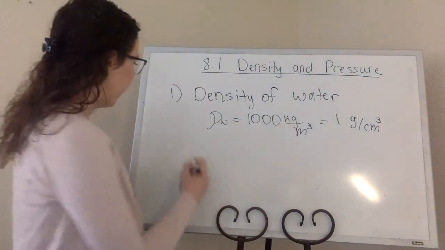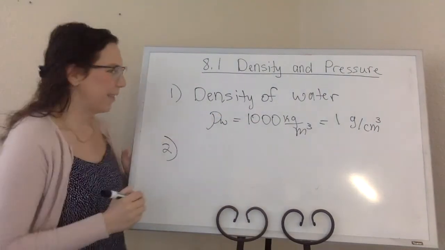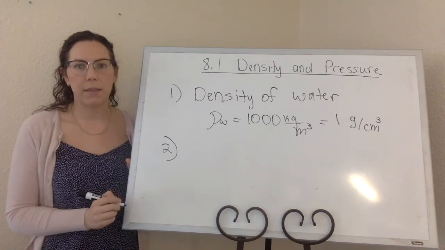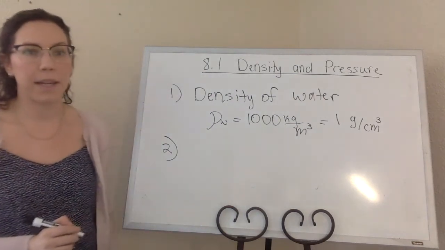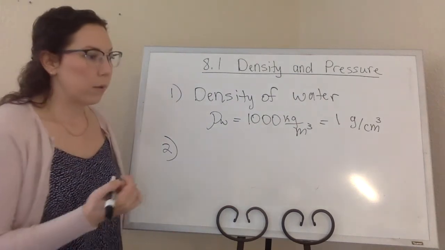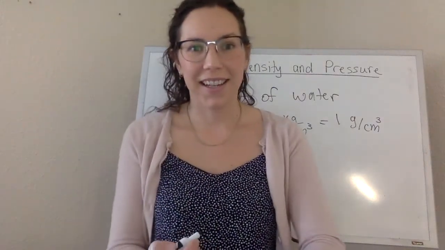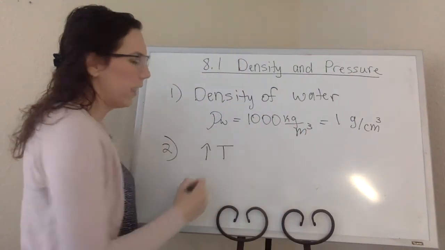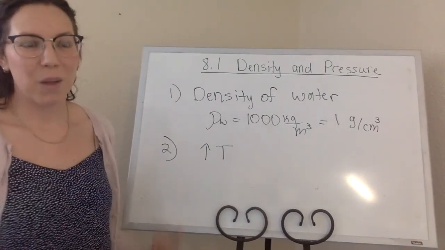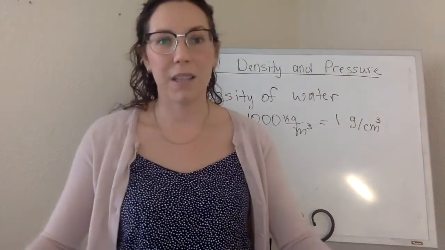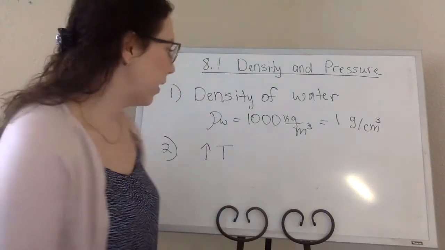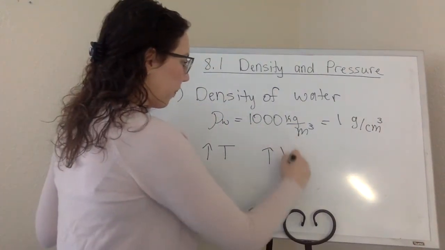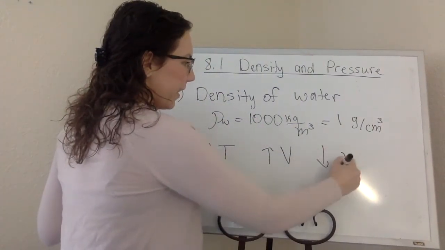The second point about density is that the density of a substance depends on its thermodynamic conditions. So temperature and pressure mainly. So for example, if we were to increase the temperature of a substance, those molecules would start to move around and spread out, and this would increase the volume, which would decrease the density.